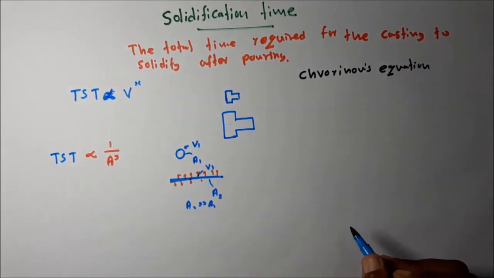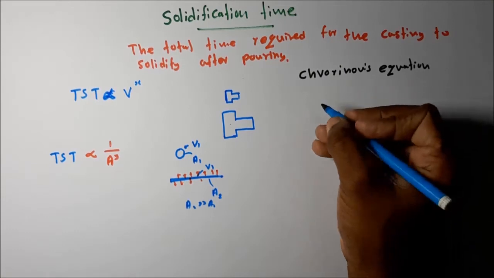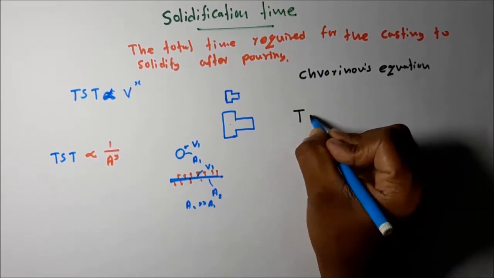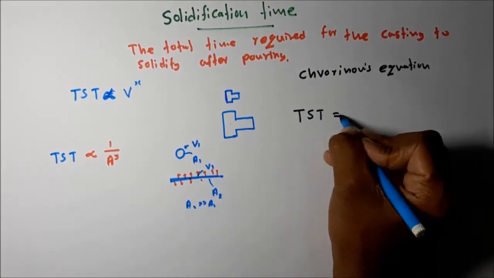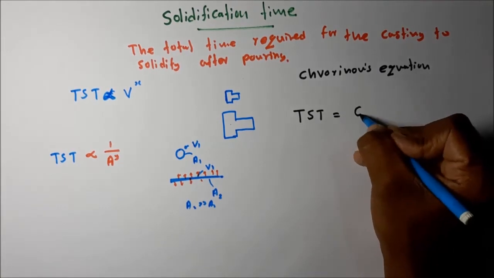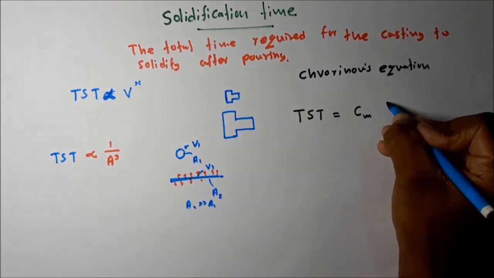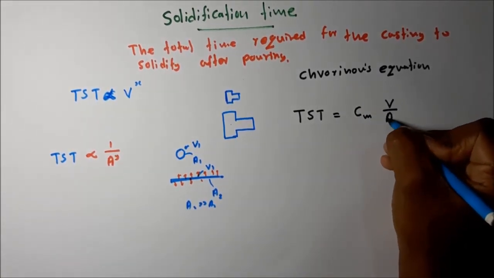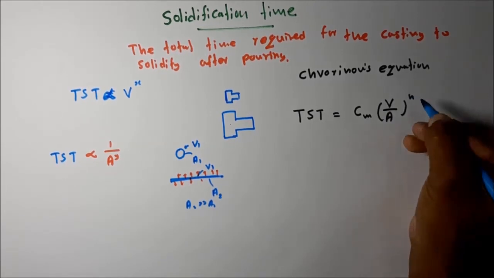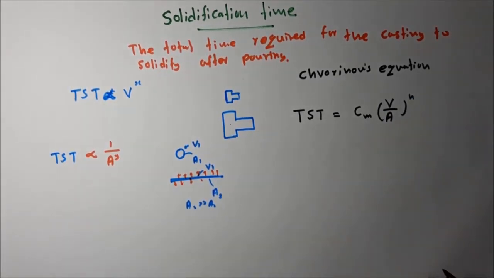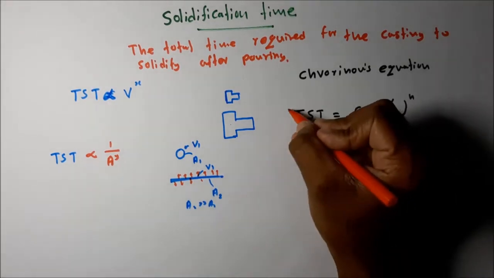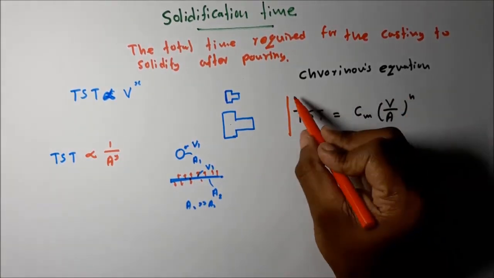According to Chvorinov's rule, the total solidification time is a function of Cm times (V divided by A) to the power of n. This is Chvorinov's rule, the equation we are going to use to calculate the total solidification time.